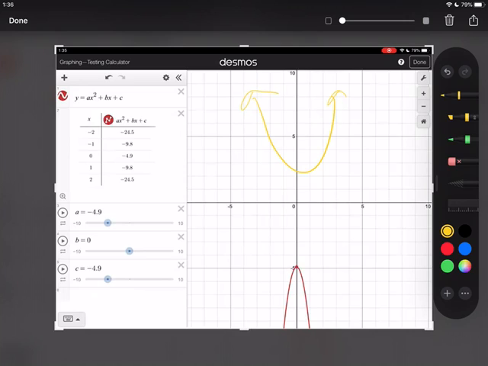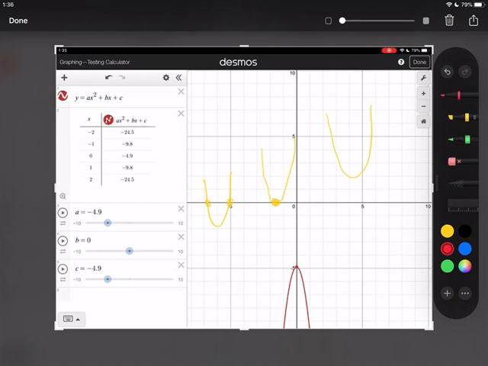So the number of x-intercepts really depends on where your graph is sitting on your grid. So here are the possible options. One looks like this, that means you'll have 2 of them. You'll have one graph that looks like this, which means you'll just have 1, which is right here. And you'll have a graph that looks like this, which means there's none.